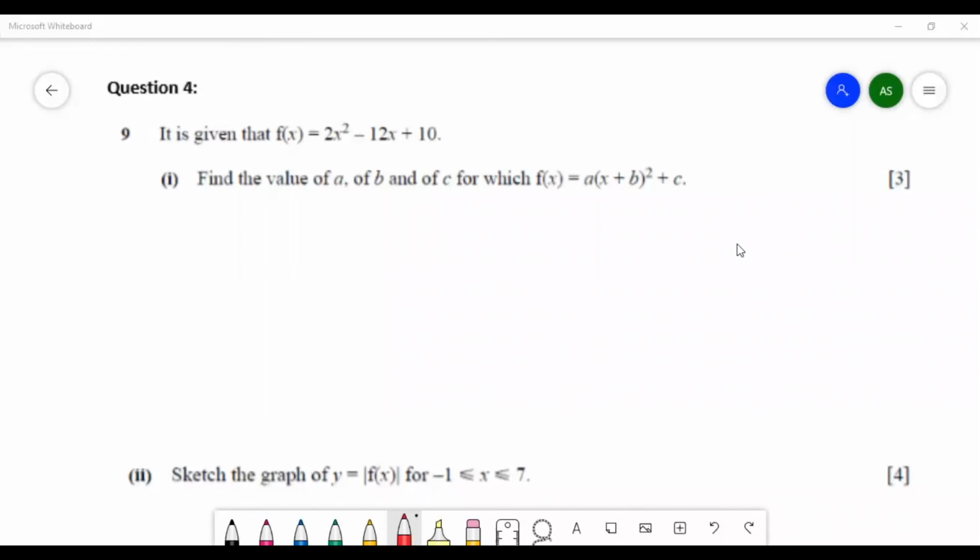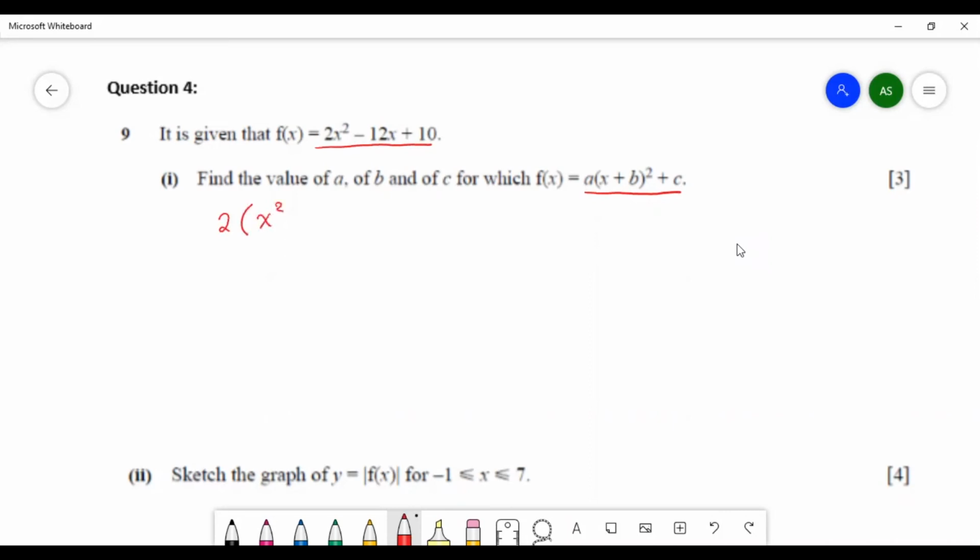Okay, in question number 4, we are given this quadratic function and we need to write it in this form. So how do we do that? Remember in the previous video, what we're going to do is complete the square. In order for us to complete the square, we need to factorize 2 first.